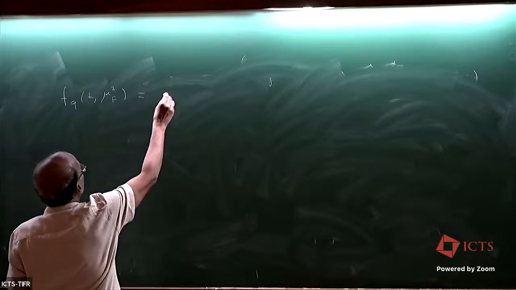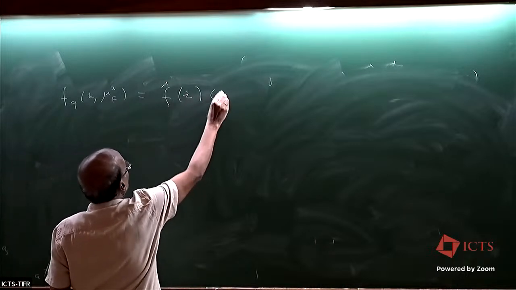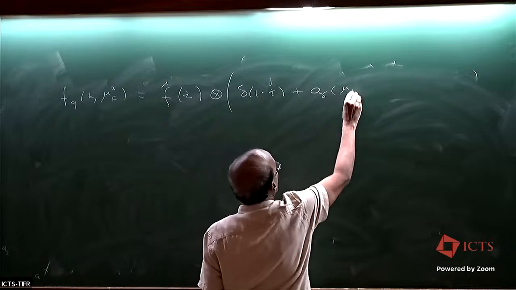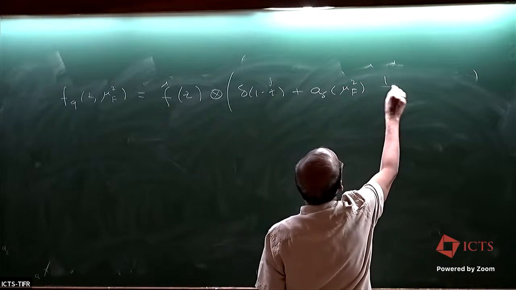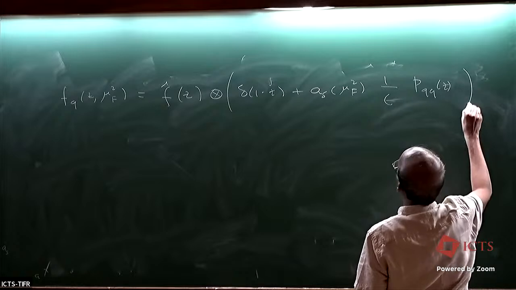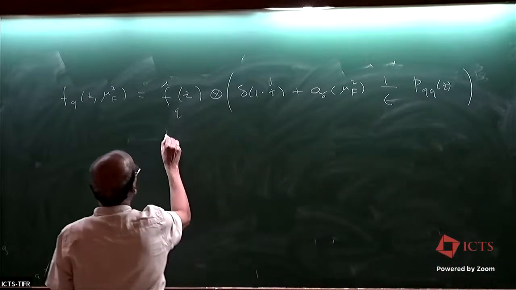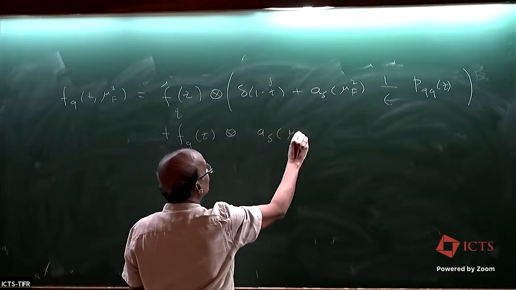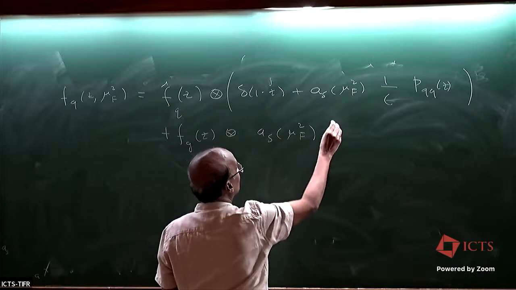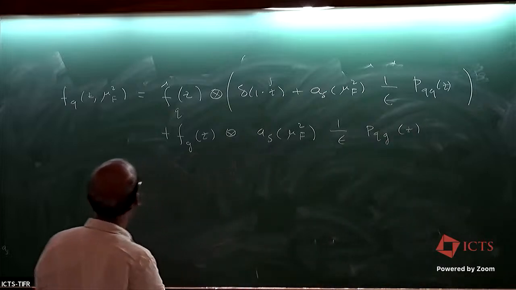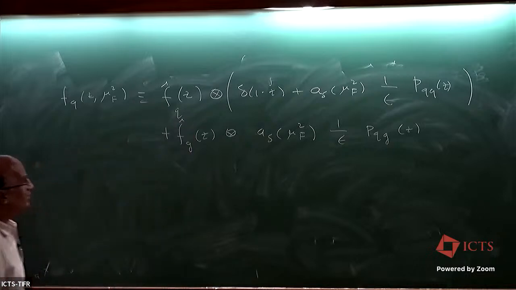Let's assume that scale is something like this, f of... so I have renormalized my... This is our definition of this quantity, right?